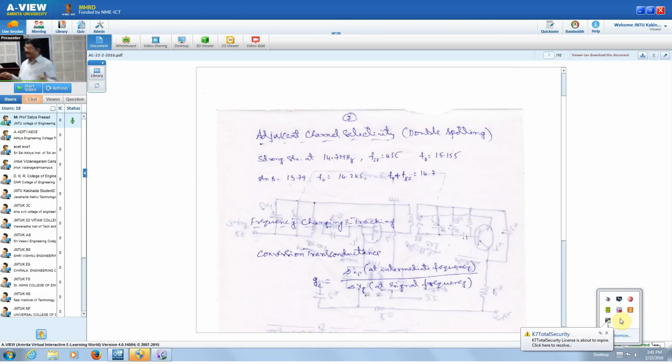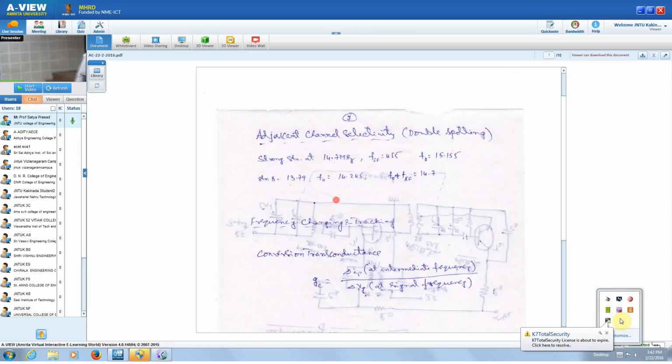But simultaneously, you have this 14 megahertz also, which is a very, very strong signal, maybe 30-40 dB above the 13.79 megahertz signal. If you mix this 14.5 megahertz with this 14.7 megahertz, again you are going to get 450 kilohertz only as the intermediate frequency.